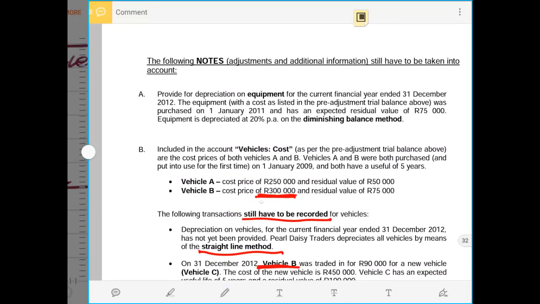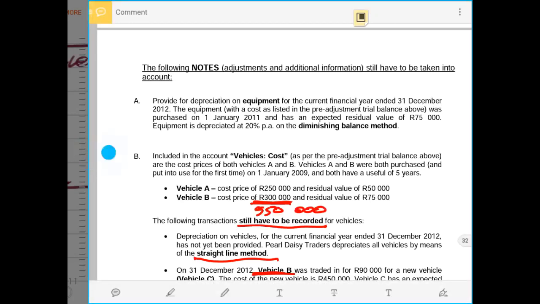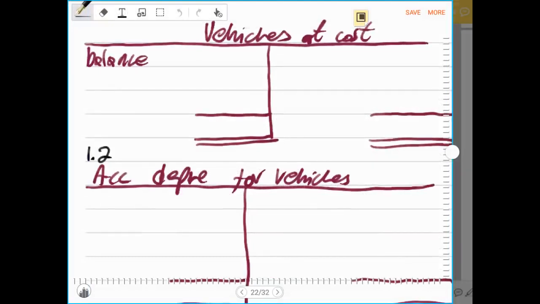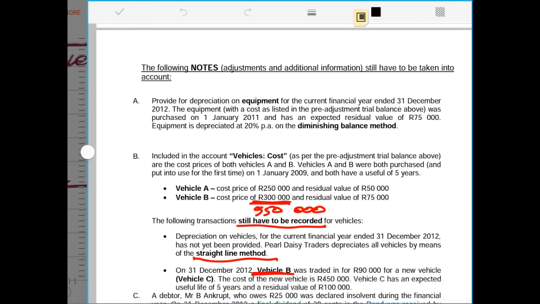These two, 300,000 rands plus 250,000 rands, will give you 550,000 rands. So that's where that opening balance comes from. We start recording the opening balance of 550,000 rands.